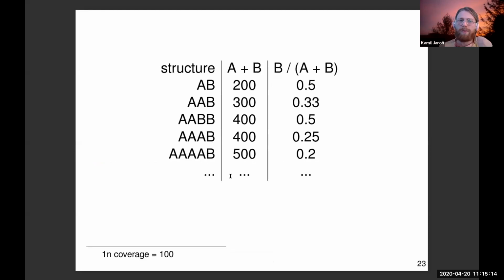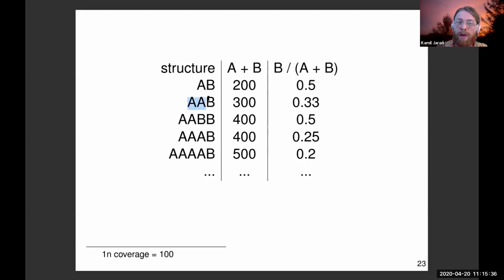How does that work? Well, if my 1n coverage is 100 in this example, the AB type of loci will have approximately 200x coverage, and the coverage ratio, as I will call it, although it's not exactly a ratio, is around 0.5.